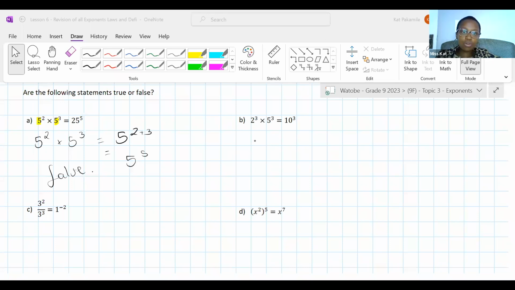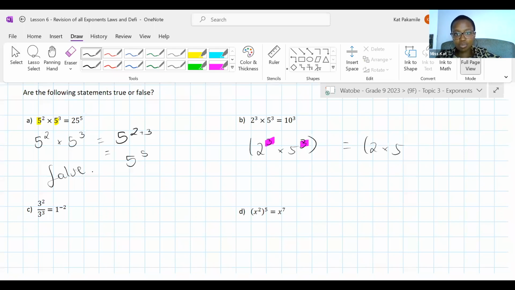Remember the distributive law? It works backwards. If you have the same exponent over here and over here, you can take it out. So you're gonna have 2 times 5 in the brackets to the exponent of 3, which is indeed 10 cubed. That is true. I know I'm going fast, but we need to go.